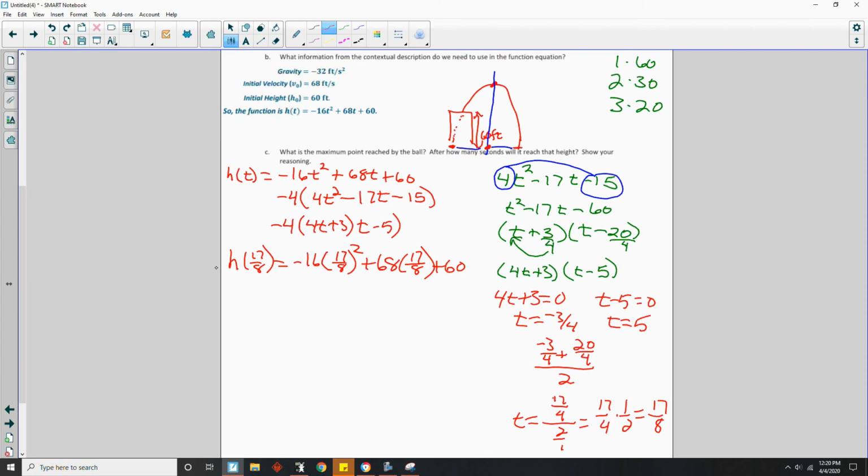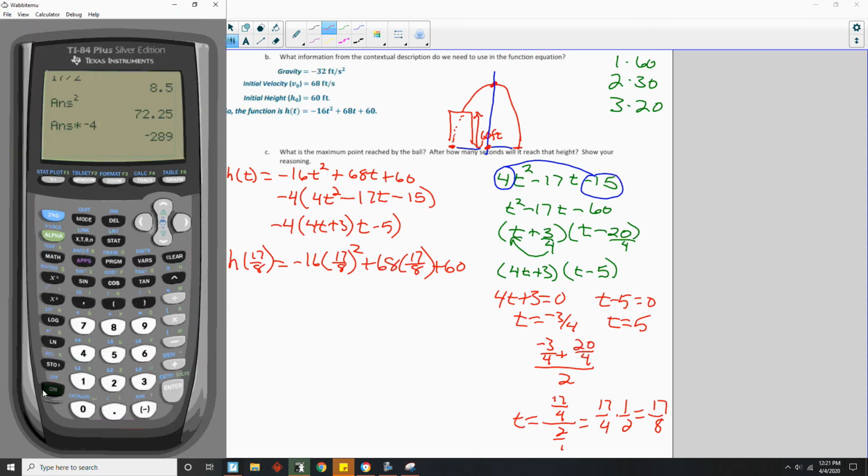Okay, so to ease the pain, I'm going to use my calculator to do this. I'm going to just put that in the calculator. Negative 16 parentheses 17 divided by 8. Close the parentheses. So I need to square that.